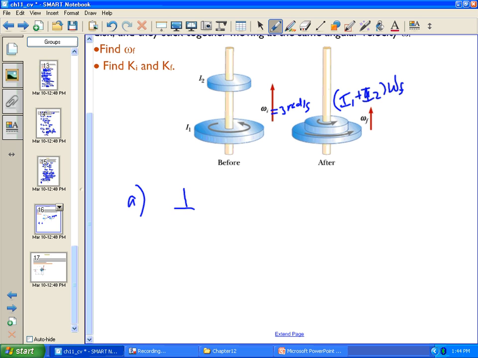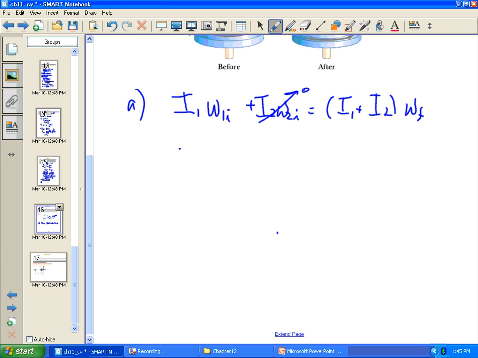Well, let's see, we have I1 times omega 1 initial plus I2 omega 2 initial, which is 0, and we didn't have to write it, but why not? Equals I1 plus I2 times omega final. All right, now we're going to plug in some numbers.